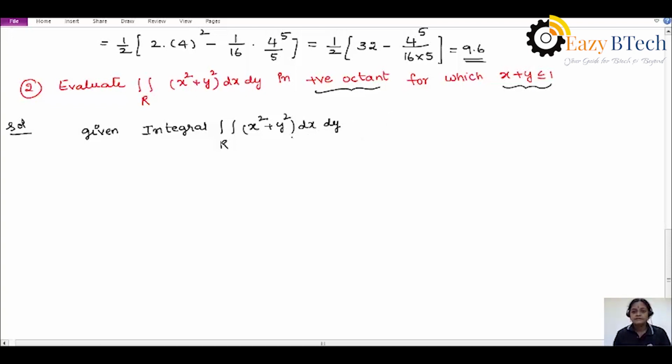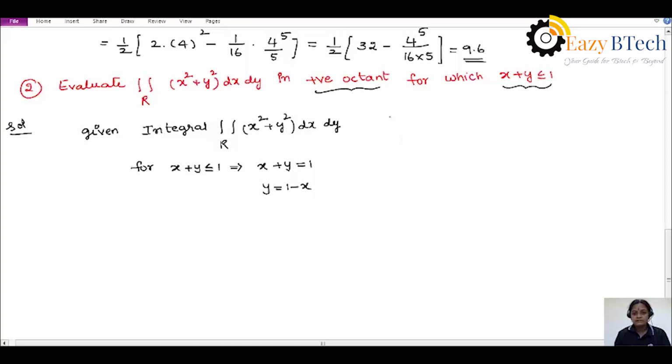For x plus y less than or equal to 1, then x plus y is equal to 1 and y is equal to 1 minus x here.